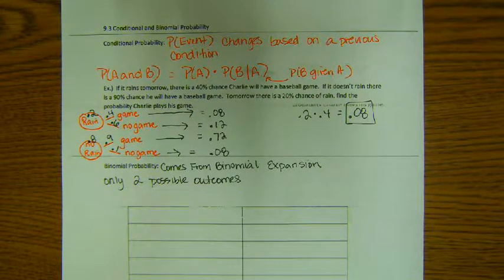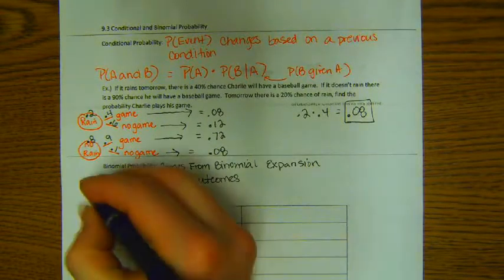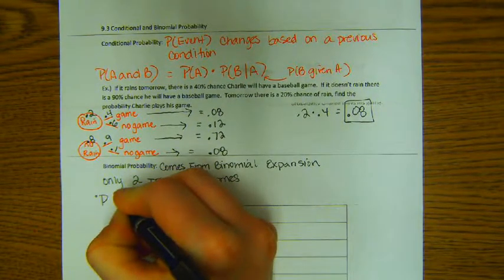Or if you're shooting a free throw, you're either going to make it or miss it. Or when you're tossing a coin, either it's going to be heads or tails. So it only is when there's two possible outcomes. And I'm going to just go through what we call those things. We're going to call P the probability of success.